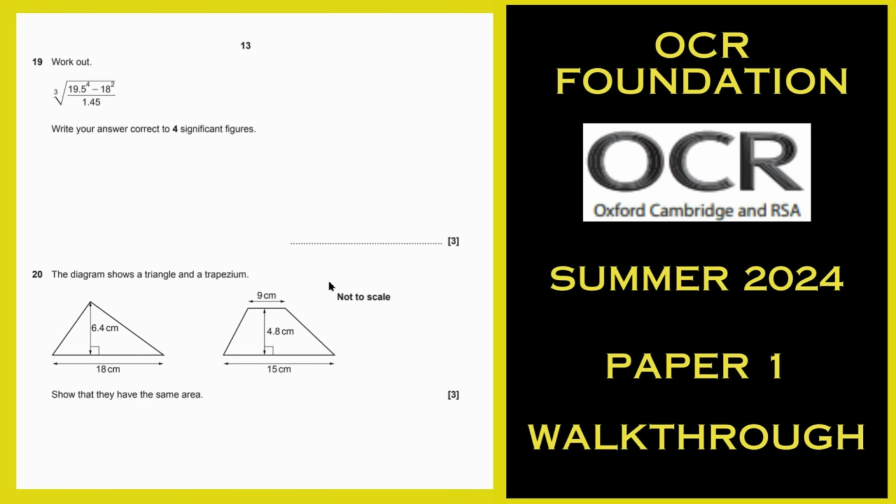Number 19. If you have trouble sticking all that into your calculator, well worth asking someone, Googling a video, because there are videos out there for your make and model. Go for it. My big advice would be, make sure you put brackets around the top part of the fraction.